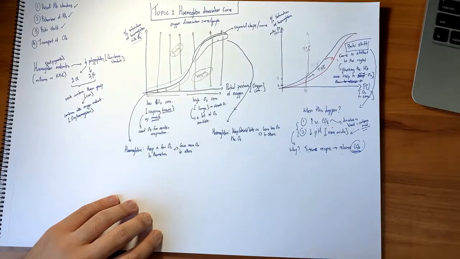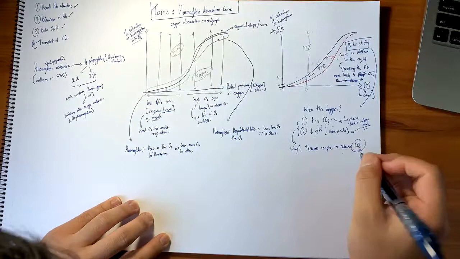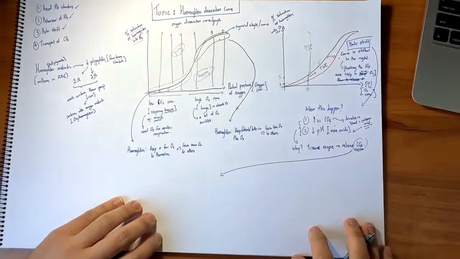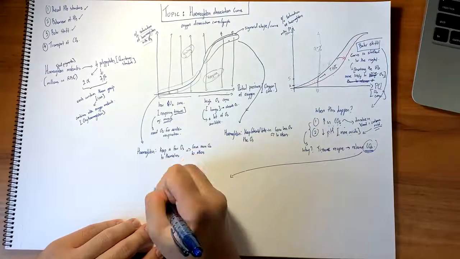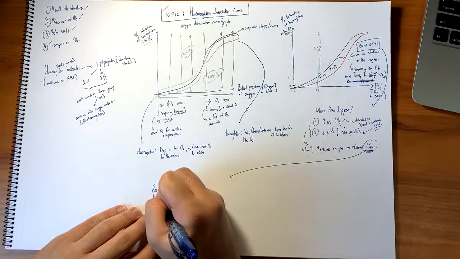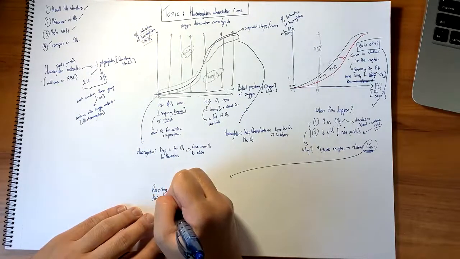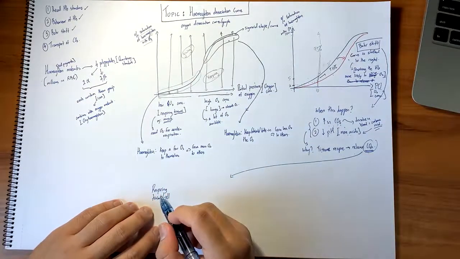So who actually releases the carbon dioxide? The tissues, the respiring tissue, or the cell.